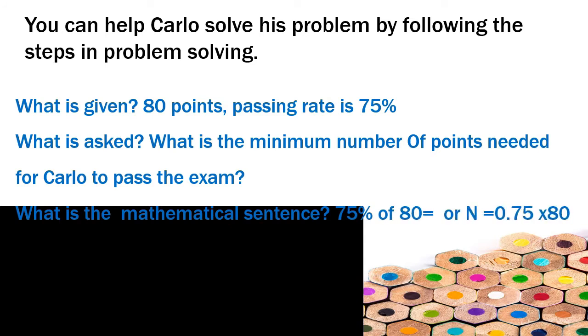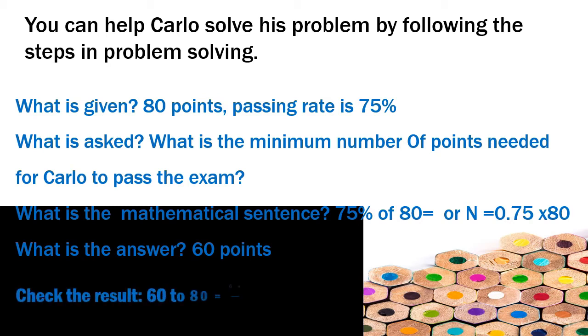We have 75% of 80, or n equals 75 hundredths times 80. What is the answer? You multiply 75 hundredths and 80, that is 60. So check the result. 60 out of 80 is 75 hundredths, or 75%. Therefore, 60 points is correct.